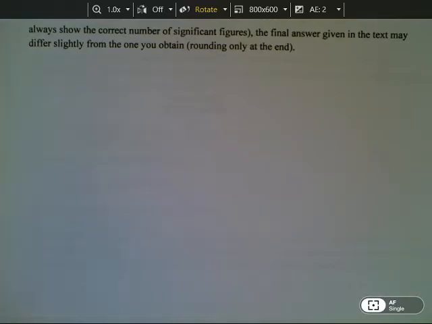So going through these sample problems, if you ever come up with a calculation that's a little bit different than what I show you, because I'm getting these sample problems from the book, just talking you through them, it should be in the same ballpark. It shouldn't be radically different. But if it is a little bit different, that's why. The text is rounding at each intermediate step, whereas we want you, preparing for the AP exam, to just round at the end.